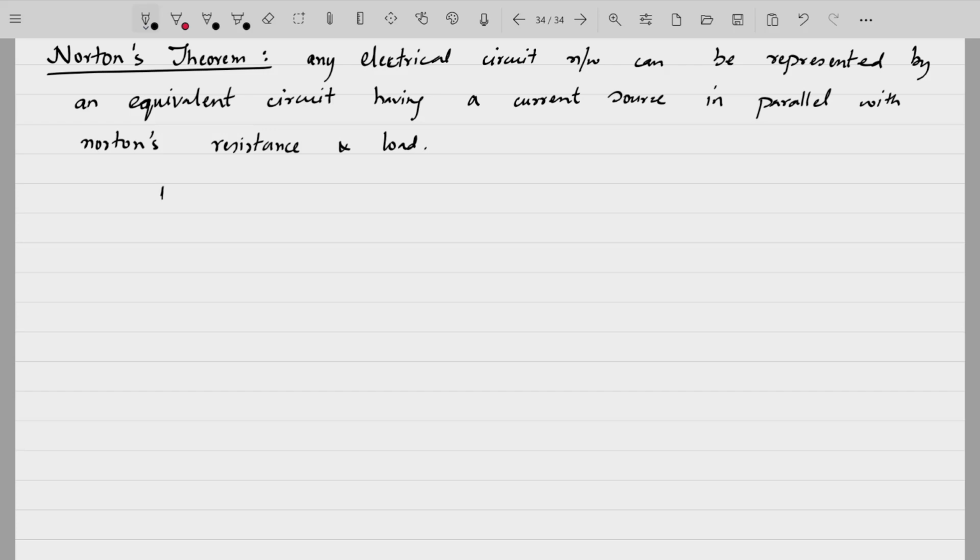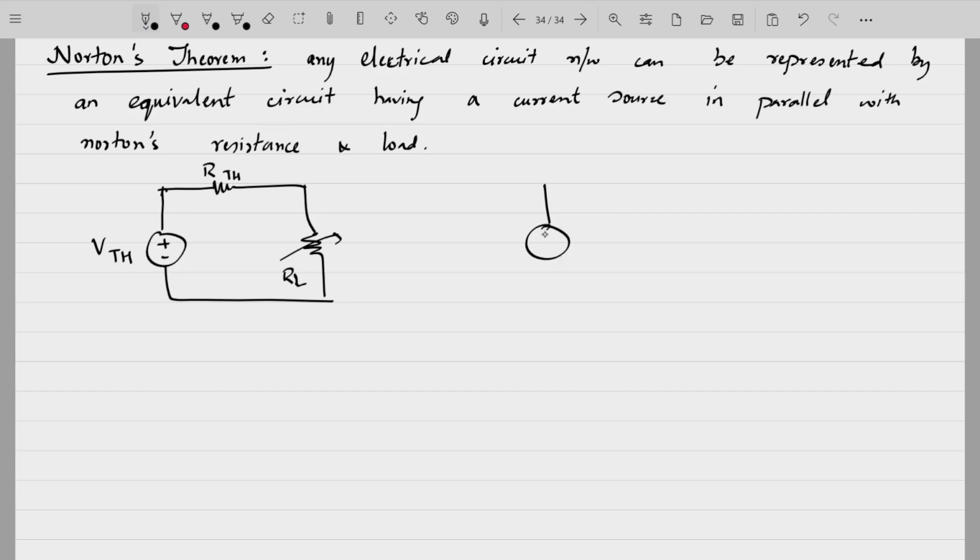Fine. So the Thevenin's equivalent circuit was something like this. The Norton's equivalent circuit is like this.